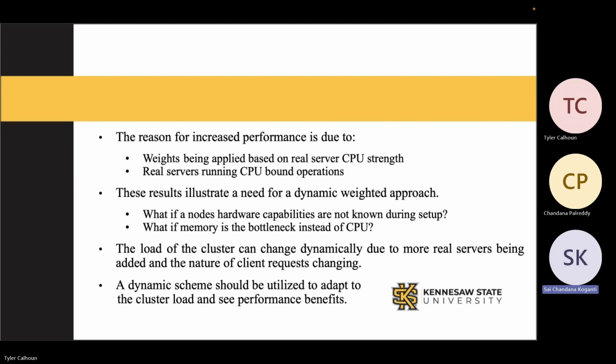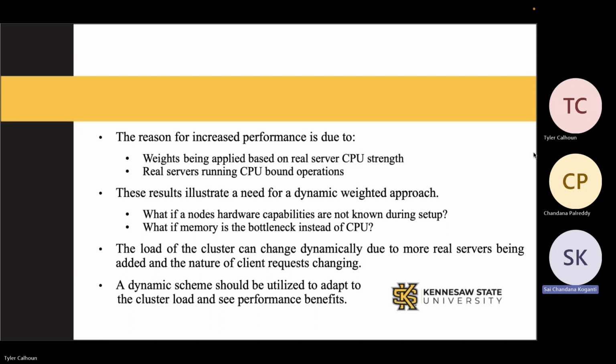In a real scenario, we may not know exactly how powerful each server is when setting up. Also, the cluster load can change over time as more servers are added or the requests coming in change. So to handle these changing conditions, we need a load balancing method that can adapt to the cluster load and also the server capabilities in real time.